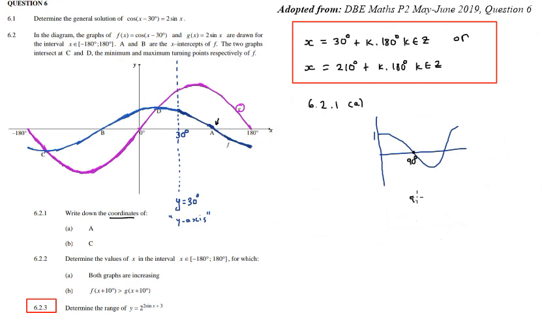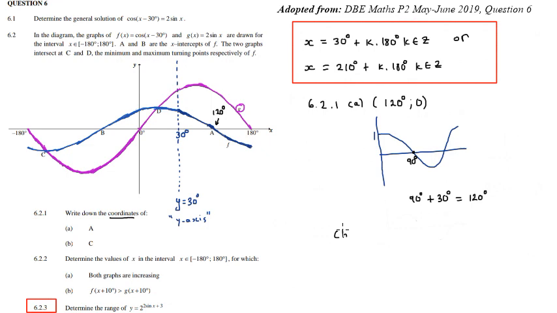So if we take 90 degrees and shift it 30 degrees to the right, we are adding 30 degrees to that. That shifts it to a new location of 120 degrees. But they want the coordinate, so we're going to write it as (120 degrees, 0).